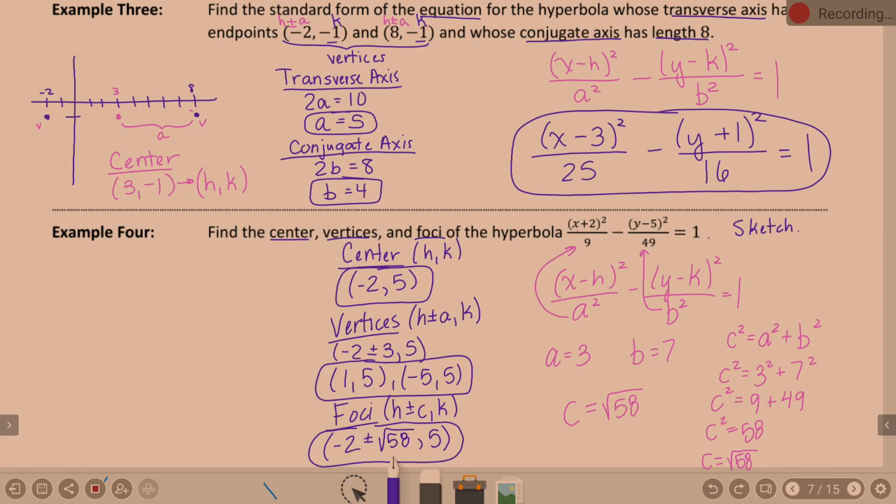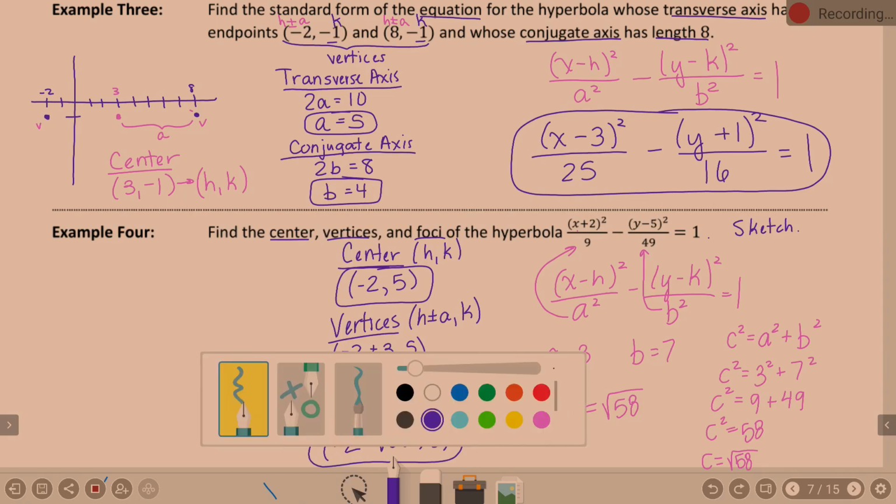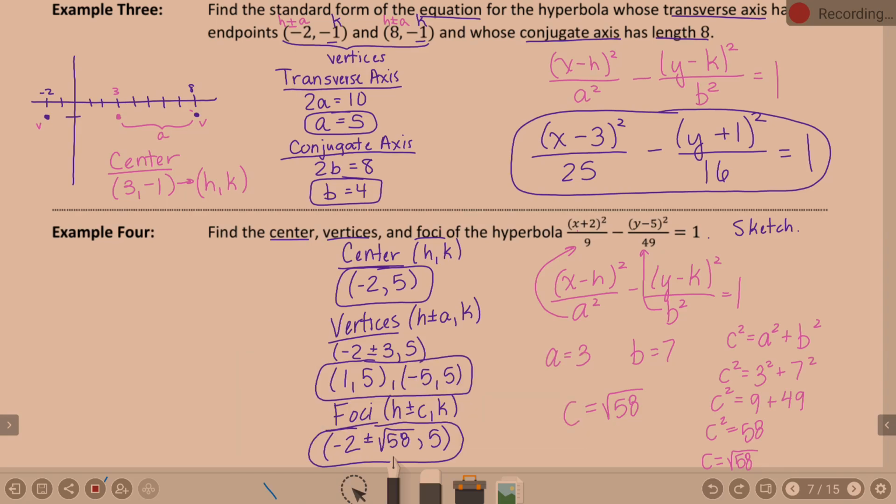However, I want to make sure we have a good understanding of how to graph these. Okay, so we're going to use this one as a graphing example. So I kind of left space over here. When you set this up, you really need quadrant 2, the upper left quadrant, mostly available.